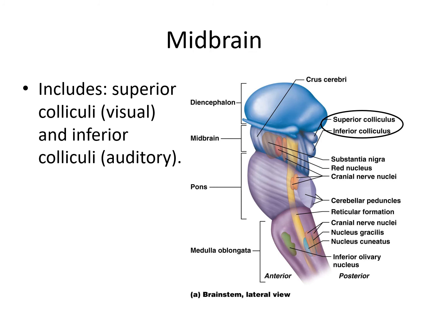Let's start with the midbrain. It's divided into two regions. The upper region is the superior colliculus, and the lower part is the inferior colliculus. The superior colliculus has functions in visual coordination, and the inferior colliculi have functions in auditory coordination.